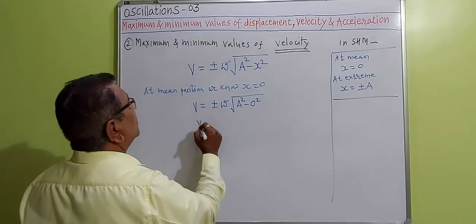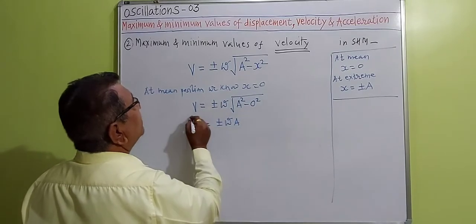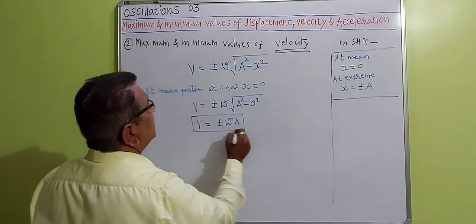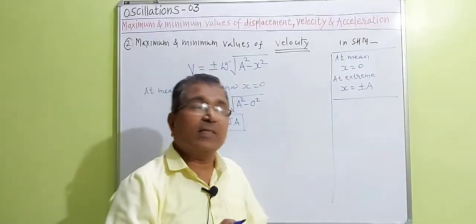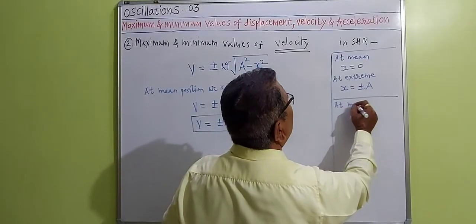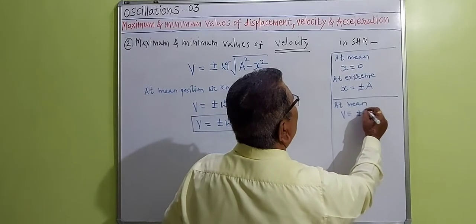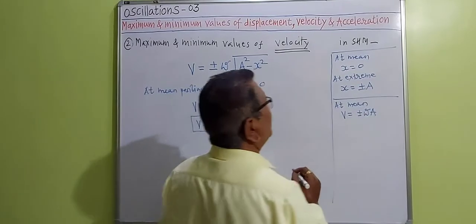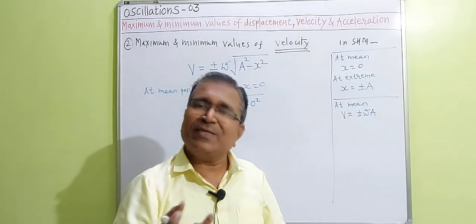Then you will get V is equal to plus or minus omega a. This is the value of velocity at mean position. I will write here: at mean, V is equal to plus or minus omega a.